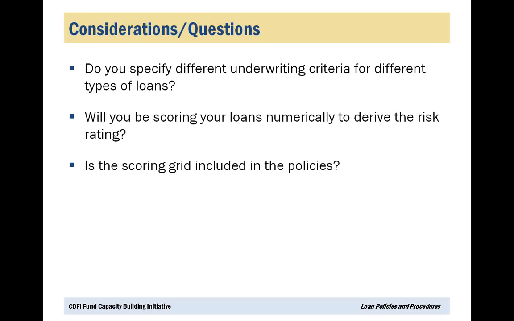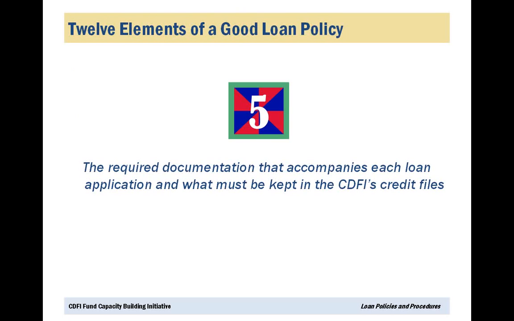And then there are a number of loan funds that from that risk rating link it to a loan loss reserve. We're going to talk in a few minutes more about loan loss reserves and risk ratings, but there are some loan funds that have a scoring matrix to help give a score to the loan. And if you do have that, that should go in your loan policies, and a copy of that detail should be there.